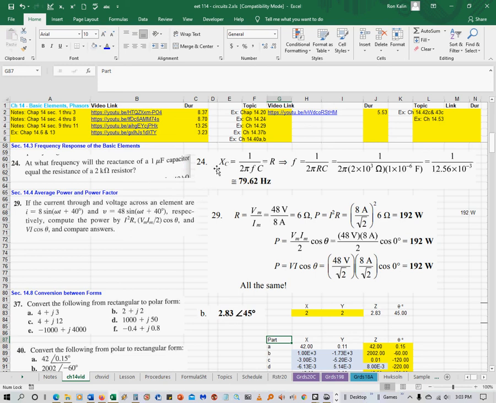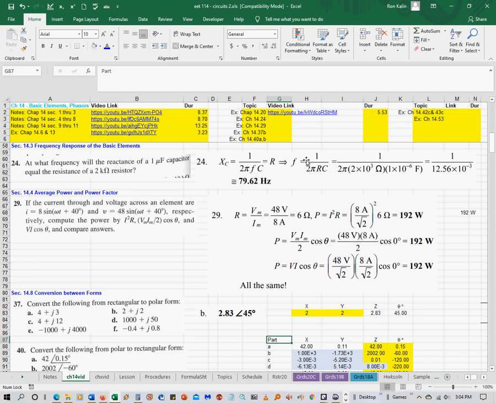So X of C equals 1 divided by 2 pi f C. You want to find the frequency, which is why we use the 2 pi f C instead of omega. You set that equal to R, and then you solve for f.